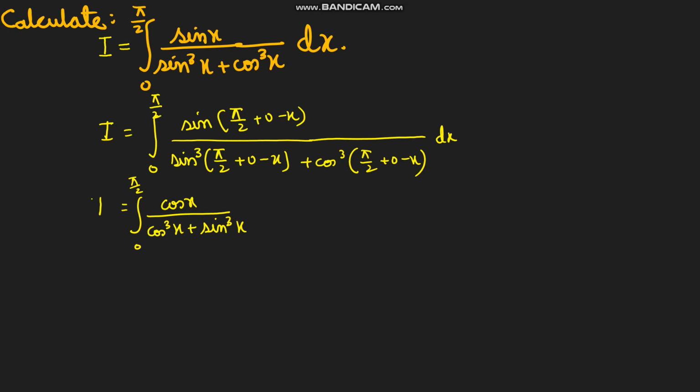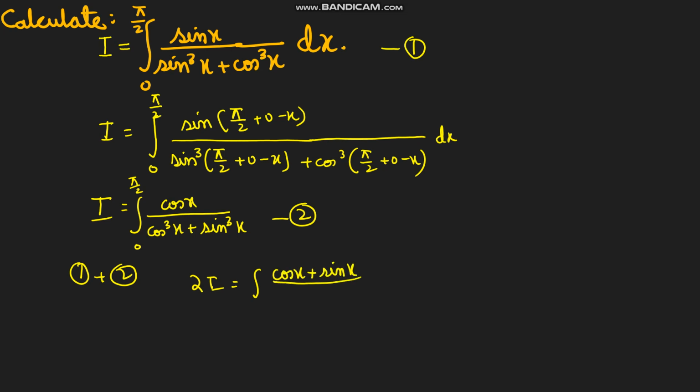So this is also I. This is 1, this is 2. So 1 plus 2, we get 2I equals the integration from 0 to pi by 2 of cos x plus sin x by cos cube x plus sin cube x.